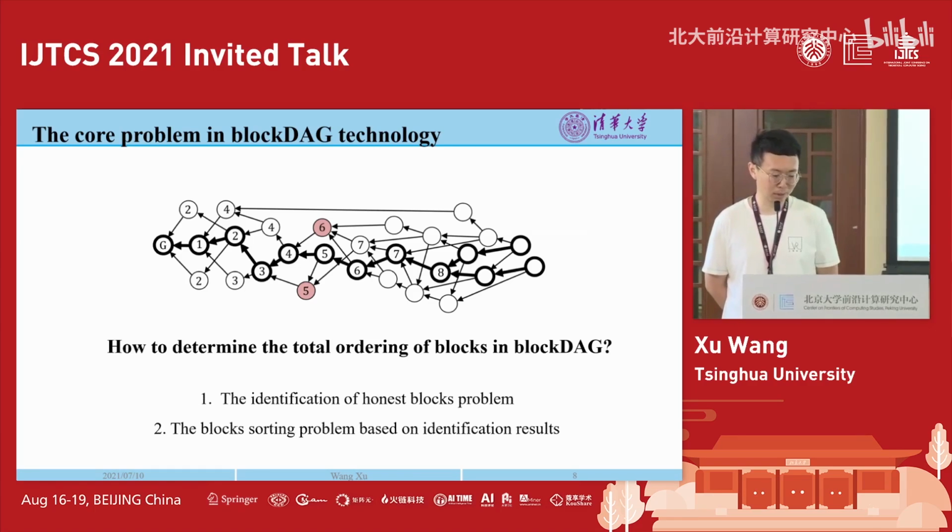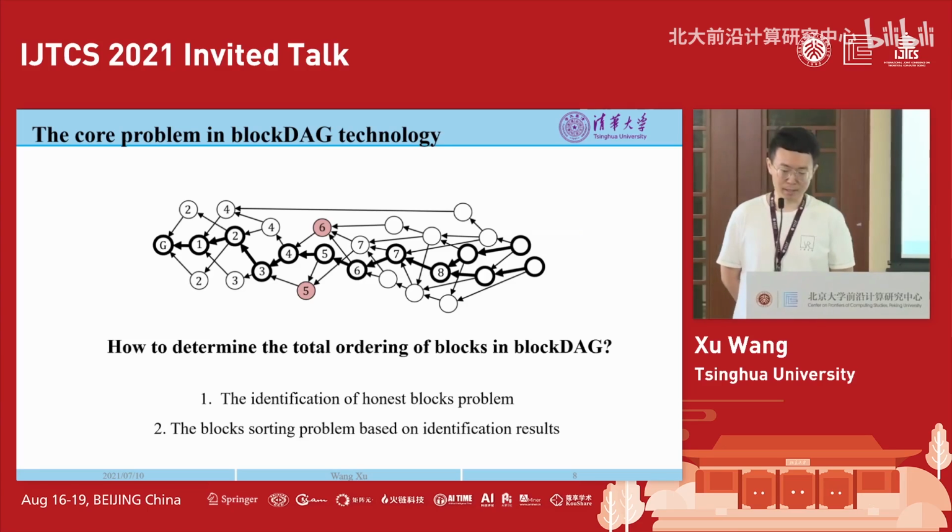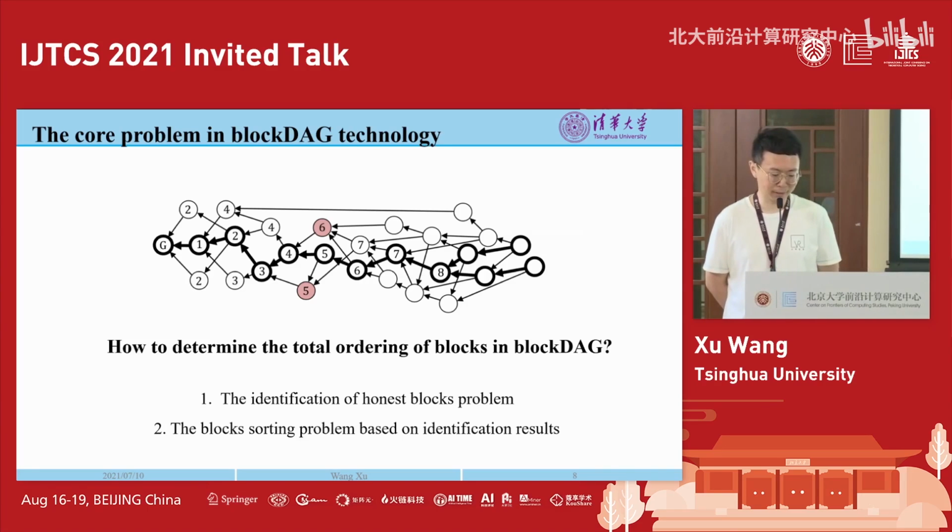The first problem is the identification of honest blocks. The second part is the block sorting problem based on the identification results. Among the 2 problems, the first problem plays a key role in the solution of the second problem. In this report, we focus on the first problem, the identification of honest blocks.